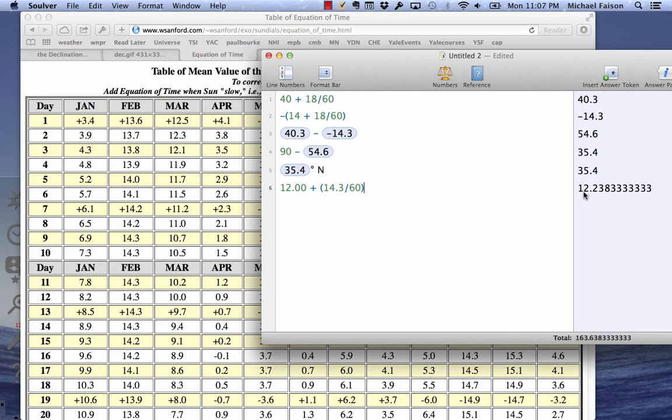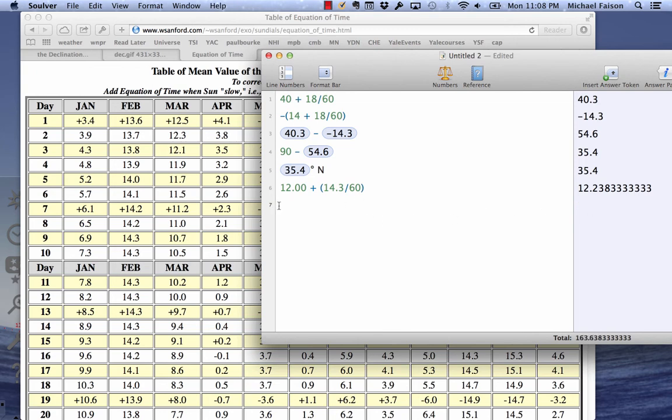So local mean time is 12 hours and 0.238 of an hour. If I want to know what that is in minutes, you can see what it's going to be. It's going to be 12 hours and 14 minutes, but I can convert that if I take that 0.238 and multiply by 60, right, 14.3, so just like I expect.